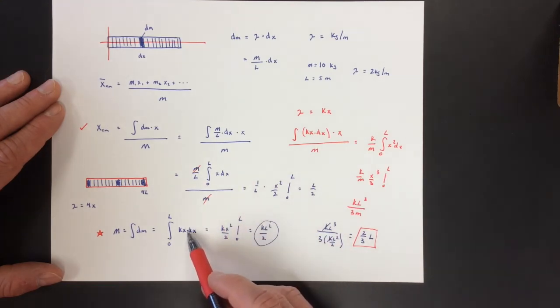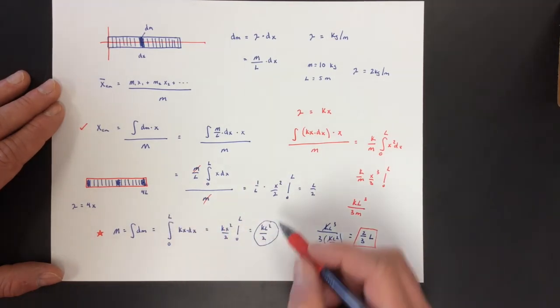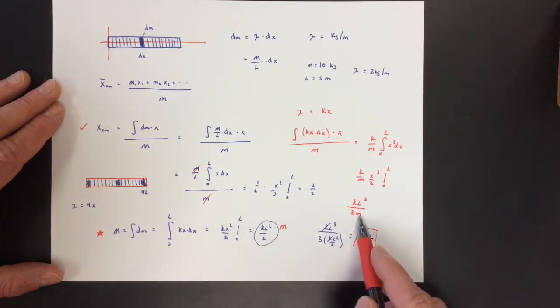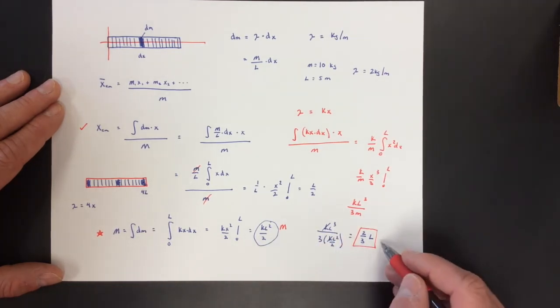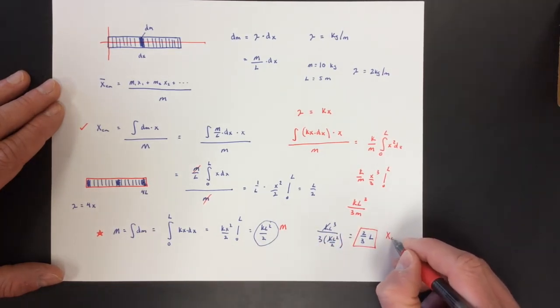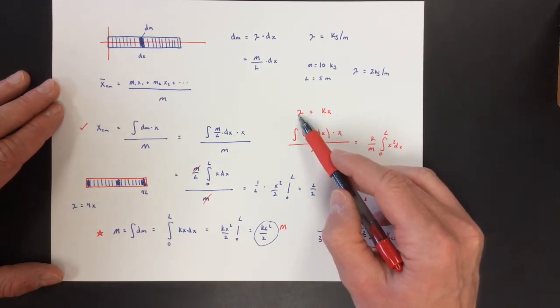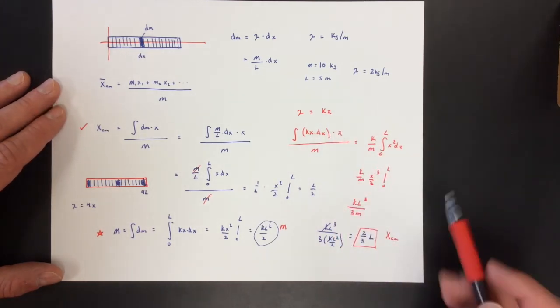I integrate all the little masses from 0 to L to get the total mass. This was the total mass. This was equal to capital M. I then substituted that value into capital M, simplified this algebraic expression, and then got the x center of mass for a situation in which lambda, the linear mass density, grows with x. Okay?